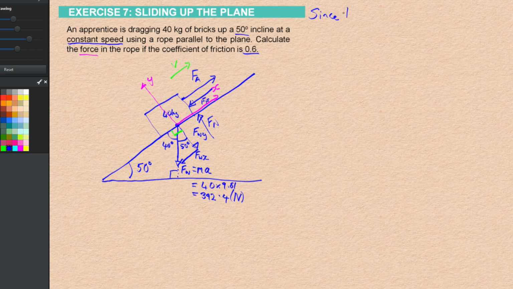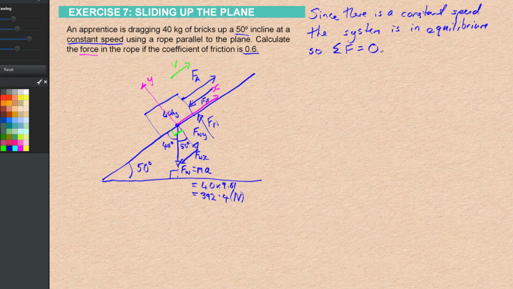Since there is a constant speed, the system is in equilibrium. So the sum of the forces should equal 0.